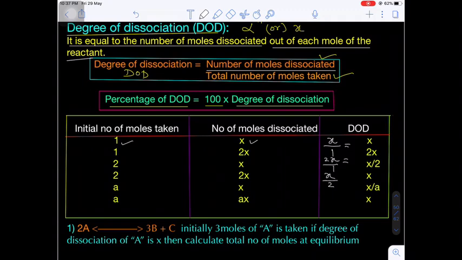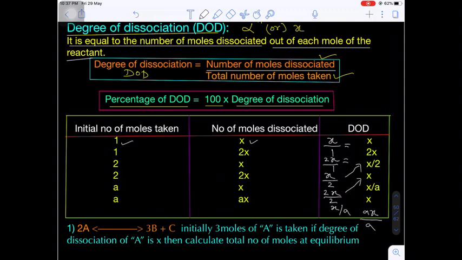Now in the next case, 2X moles dissociated out of 2 moles. That will be X. Next case, X mole dissociated, A moles taken, so X by A. And the last case, AX moles dissociated out of A moles taken, so this will be the answer X. Are you getting my point?